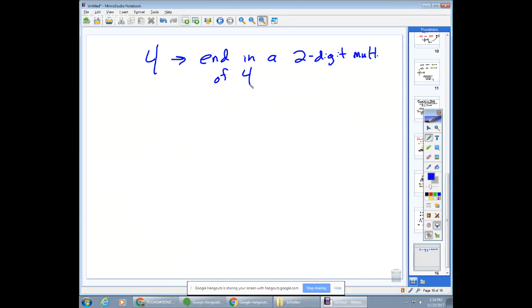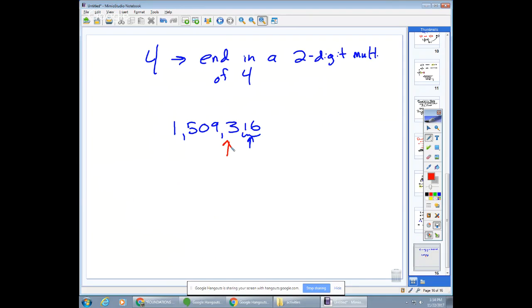So like 1,509,316. 4 will go into that because 4 goes into 16. The question is why will that work? And we can focus on the hundreds digit to kind of figure it out there.